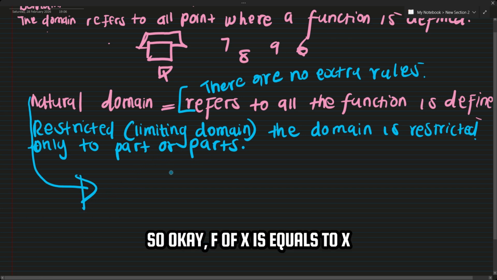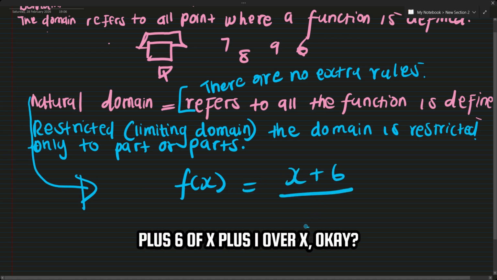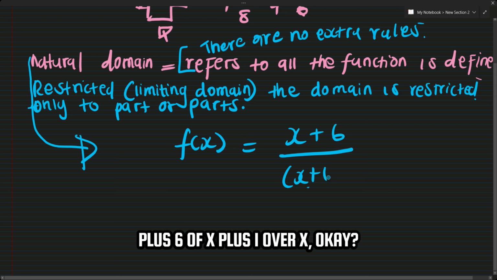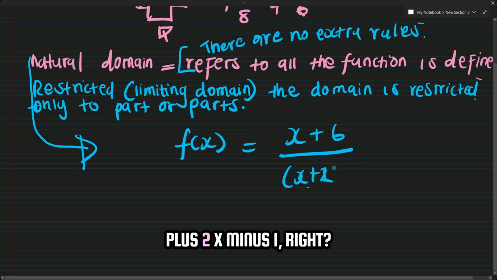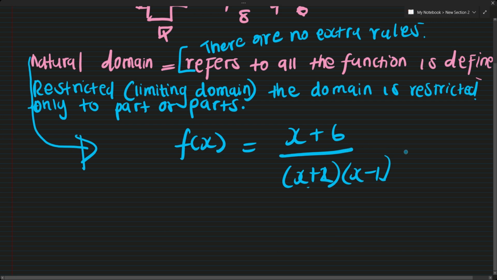So, okay, f of x is equals to (x plus 6) over (x plus 2)(x minus 1), right?